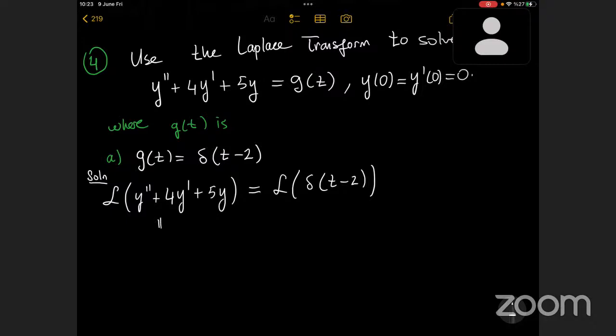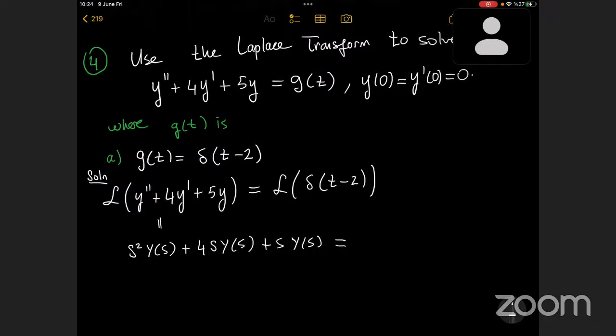This side, since the initial values are 0 at 0, it's going to be s squared Y(s) plus 4 times s Y(s) plus 5 times Y(s). Değil mi? Aslında burada s çarpı y0 eksi y prime 0 falan da vardı, ama onlar 0 olduğu için gitti hepsi.